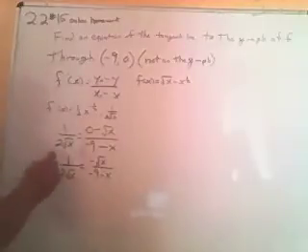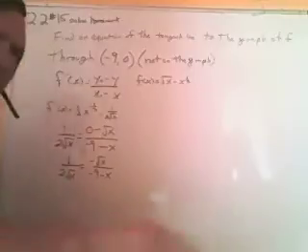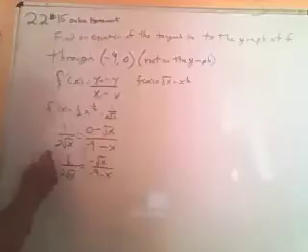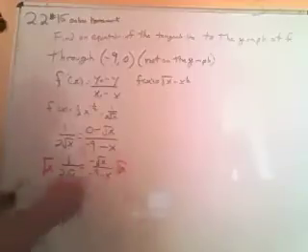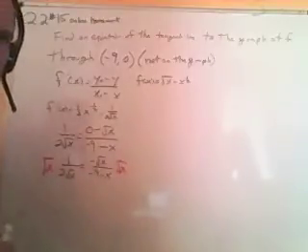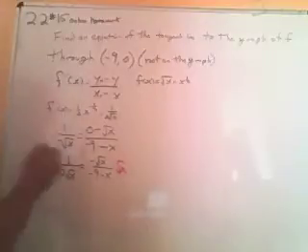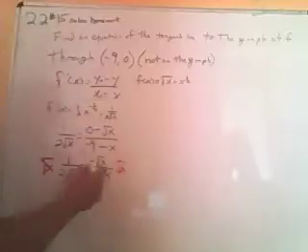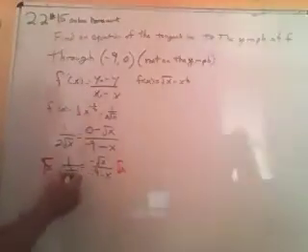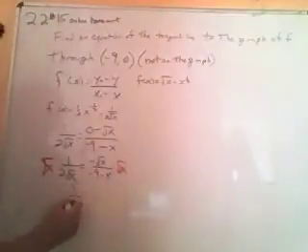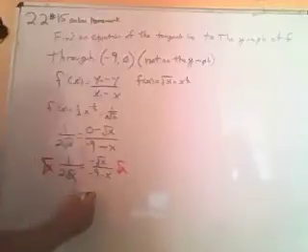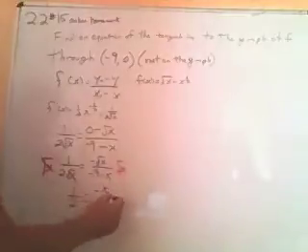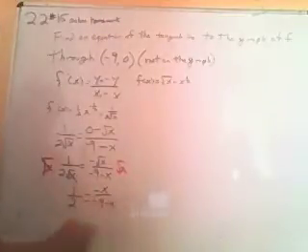So if I multiply both sides by the square root of x, this would cancel here. And we end up with 1 over 2 equals negative square root of x times square root of x, which is x, over negative 9 minus x.